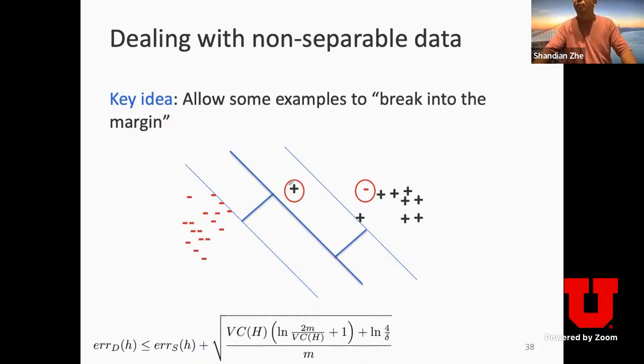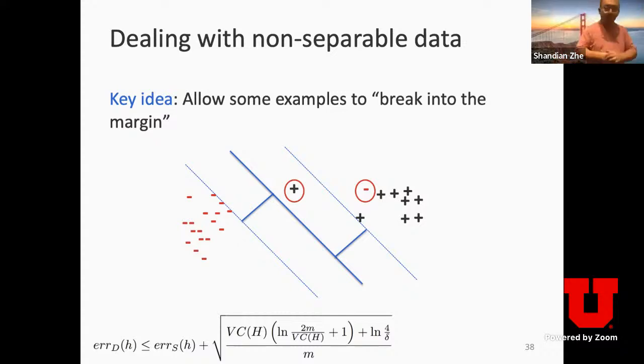right? So now we want to allow our SVM model to gain some kind of flexibility and to automatically pick up those outliers, to kick them out, and then find the separating hyperplane for the remaining. Okay? So how can we do this, right? The idea is that we're going to allow some examples to break into the margin.